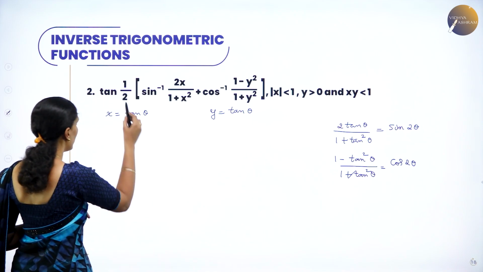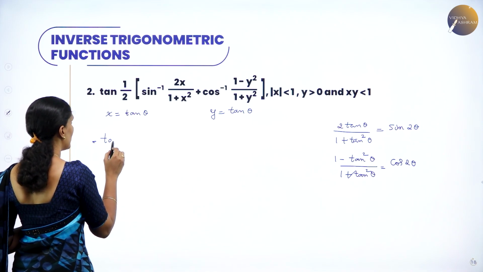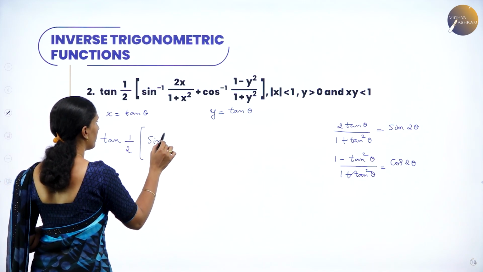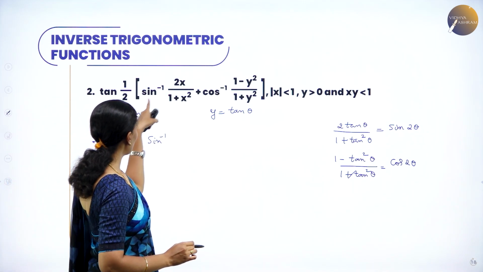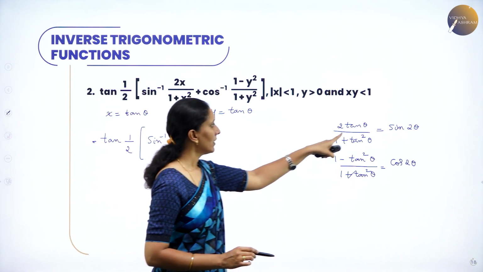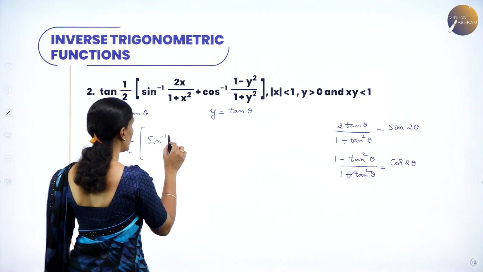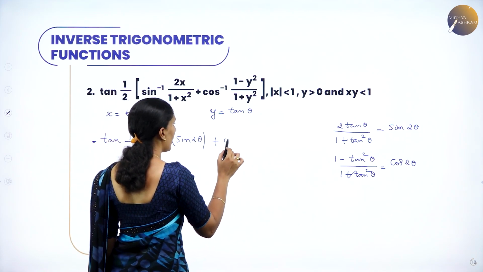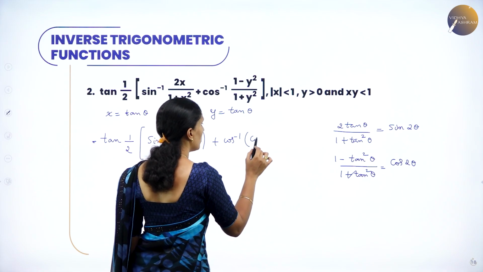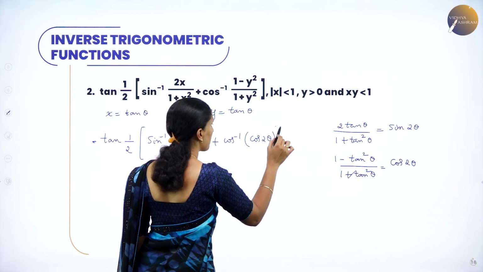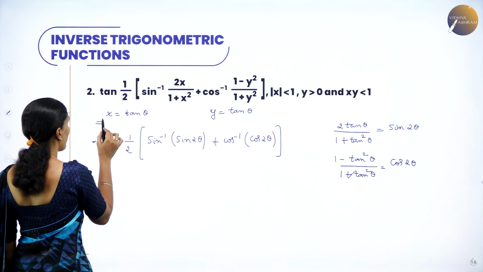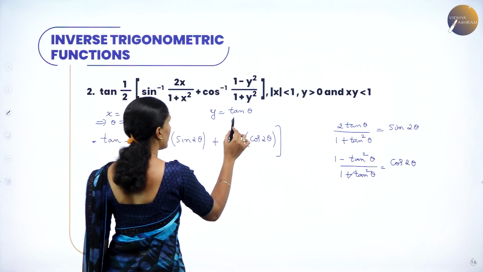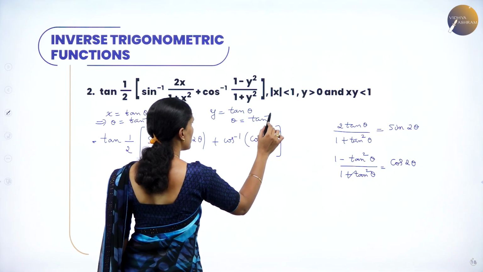So therefore, here this becomes tan 1 by 2 sin inverse of, so in the place of x, if you replace with tan theta, then we can write this as sin 2 theta. And here we can write this as cos inverse of cos 2 theta. So here theta is equal to tan inverse x, and here theta is equal to tan inverse y.